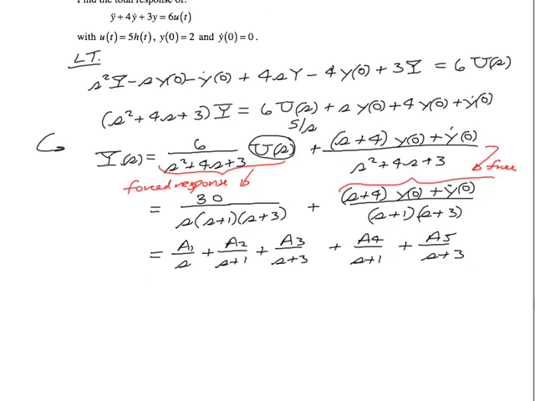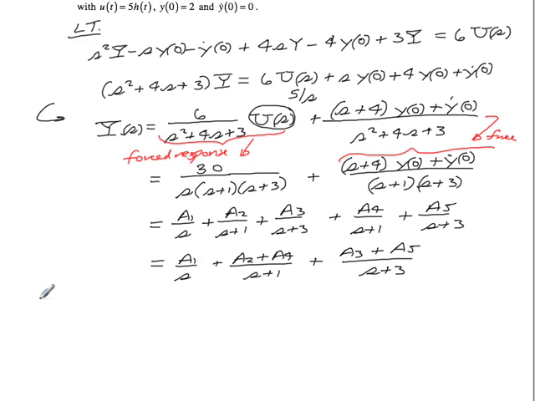So at this point, let me take this one more step: a1 divided by s. Since I have s plus 1 in both those terms, I have a2 plus a4, whatever factors you get for that, over s plus 1, and then a3 plus a5 divided by s plus 3.